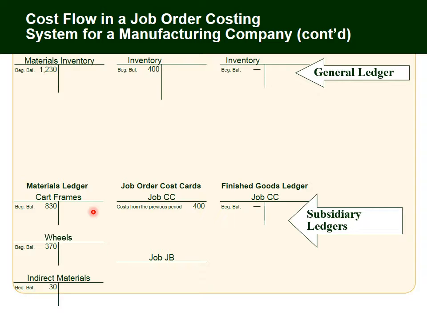A subsidiary ledger is a backup or support. We have $1,230 worth of materials. These are the specific categories of materials. We have $400 in work in process, and these are the ongoing jobs. Looks like it's all job CC, and there is no finished goods inventory.